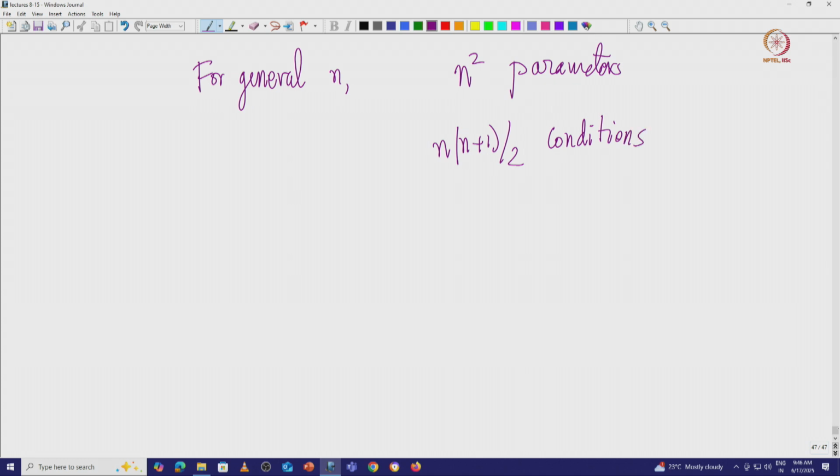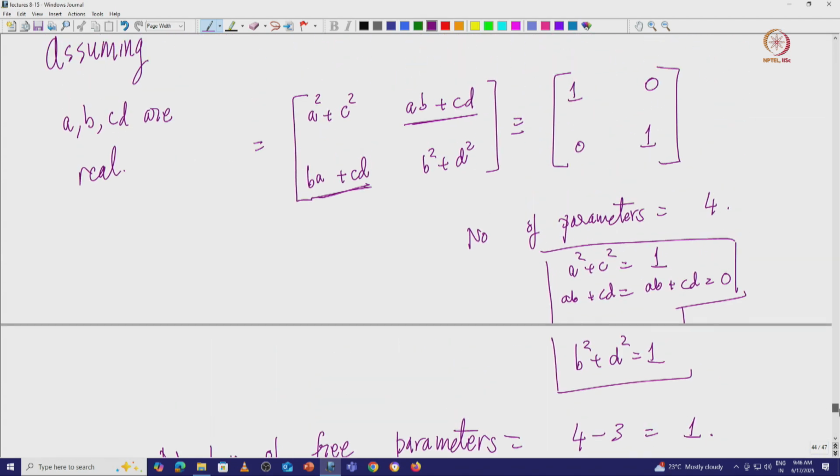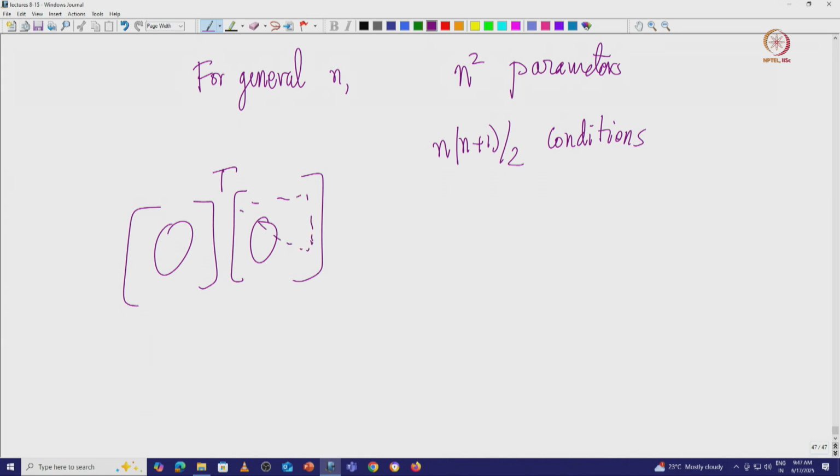Why? Because only the upper diagonal part of the orthogonal condition, O transpose O, is useful.